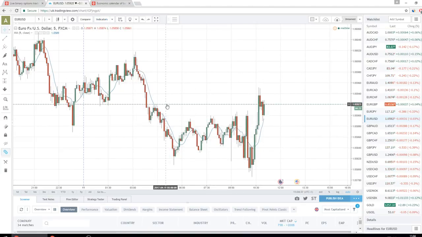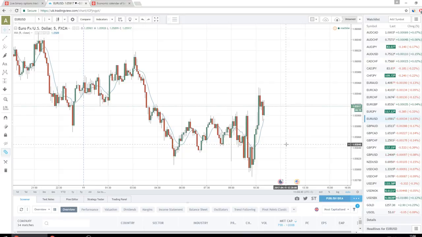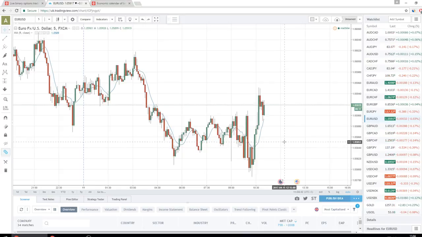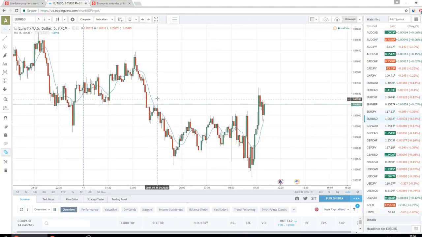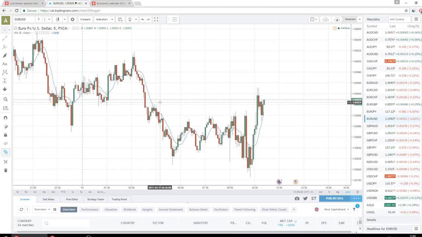So what does this indicator give us, and what is it? As I told you, it's a widely used indicator that helps to smooth out the price action, filtering the noise from the random fluctuations on the market. It's a trend following lagging indicator, which means that it's based on the past prices.